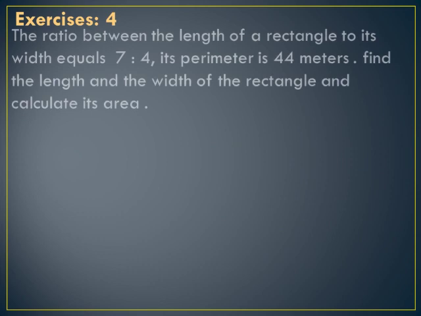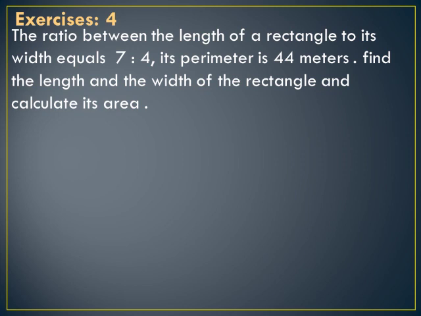Exercise 4. The ratio between the length of a rectangle and its width equals 7 to 4. Its perimeter is 44 meters.